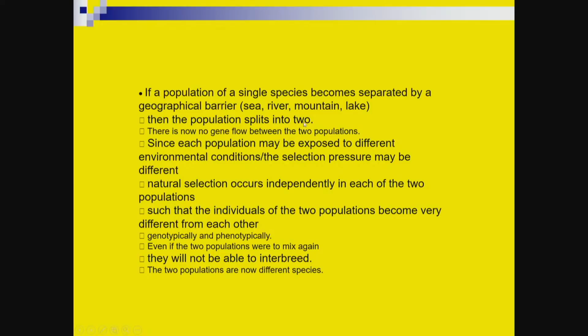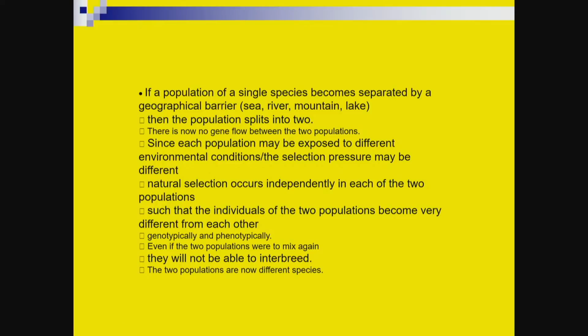The population on the northern side is very cold, the population on the southern side is very warm. So you apply these general points to the example that you are going to answer. Then natural selection occurs independently in each of the 2 populations.